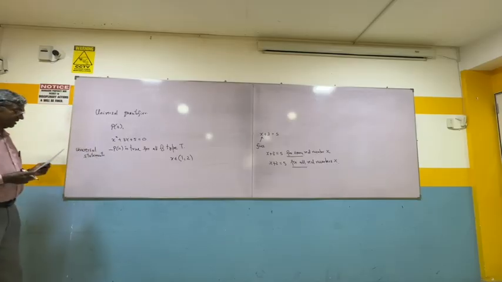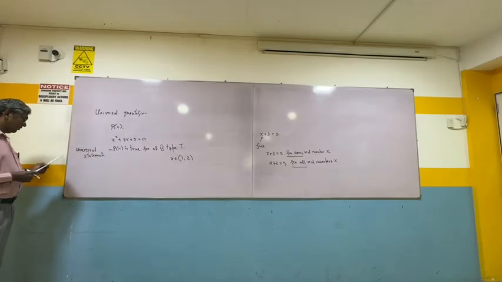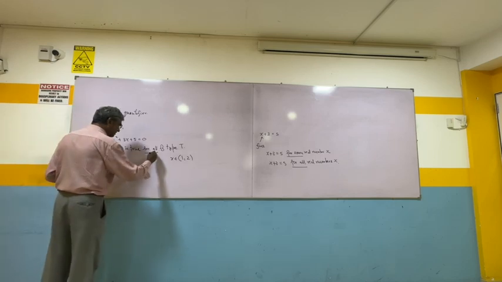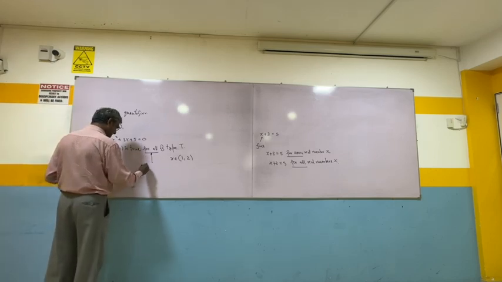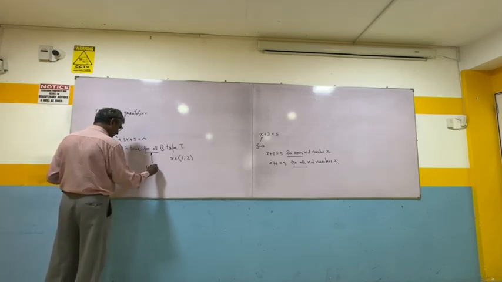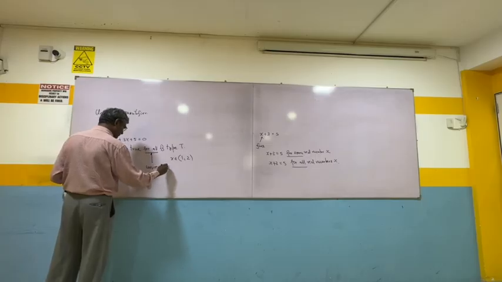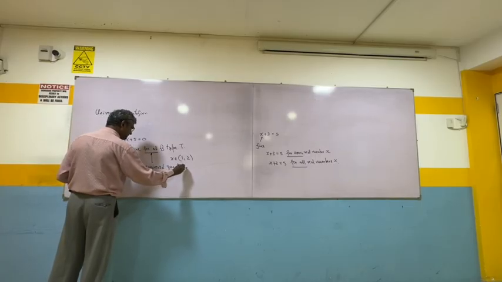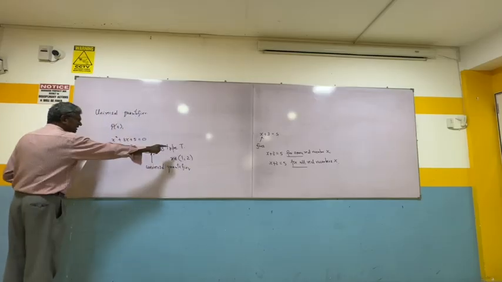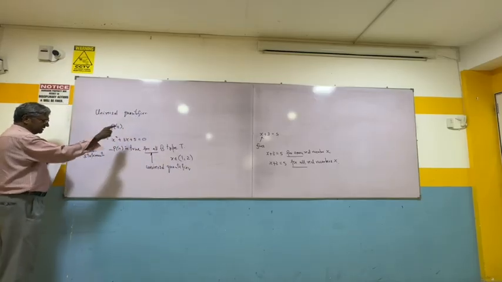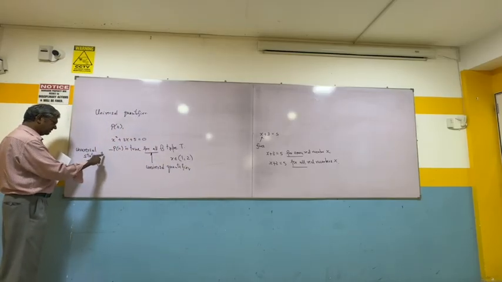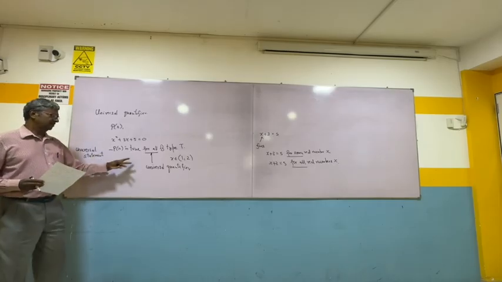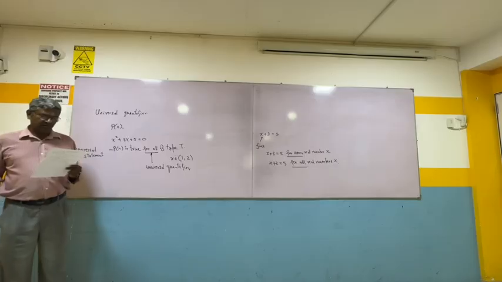Right. The phrase "for all" is called the universal quantifier. That's the name, quantifier. This kind of statement is called a universal statement, and "for all" is called the universal quantifier.